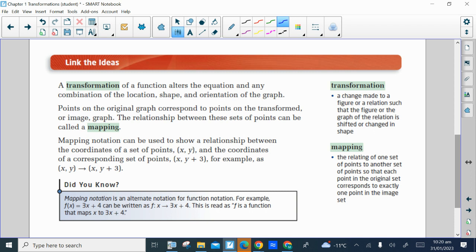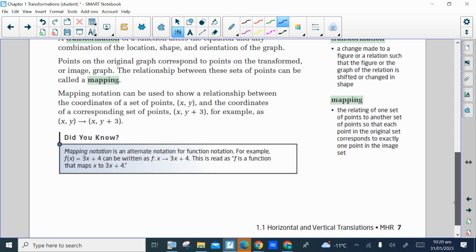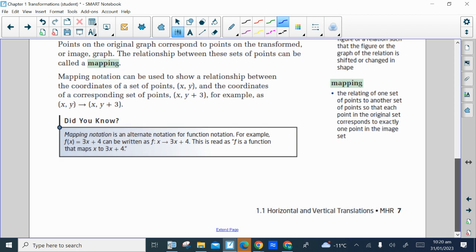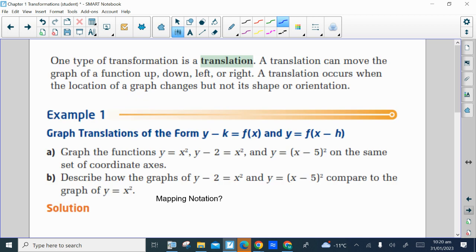The mapping is relating one set of points to another set of points so that each point in the original set corresponds to exactly one point in the image set. One type of transformation is a translation. A translation can move the graph of a function up, down, left, or right. A translation occurs when the location of the graph changes, but not its shape or orientation.